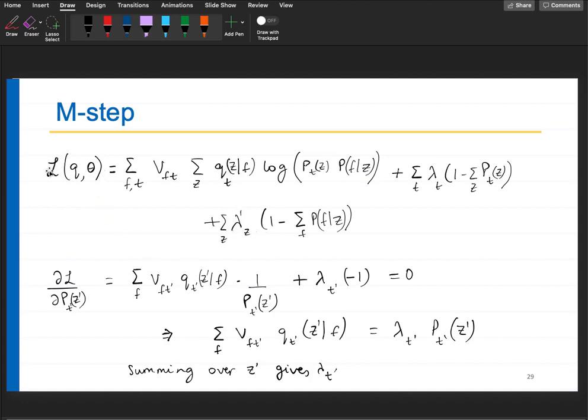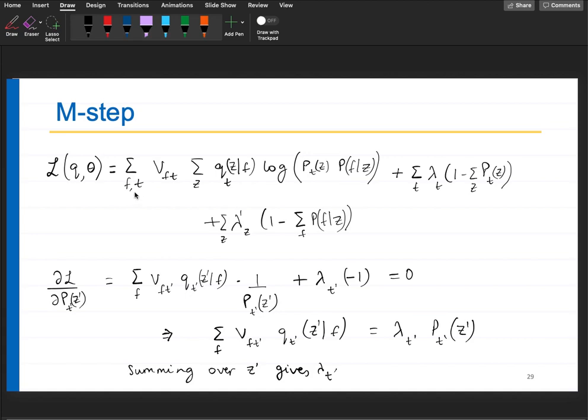You will differentiate this auxiliary function with respect to, let's take the first term, P(T|Z). You will do it with respect to both one by one. So let's say first fix your P(F|Z) and differentiate with respect to P(T|Z). And what is the derivative? You have P(T'|Z'), right? So remember to differentiate with respect to a dashed quantity, then you won't make a mistake.